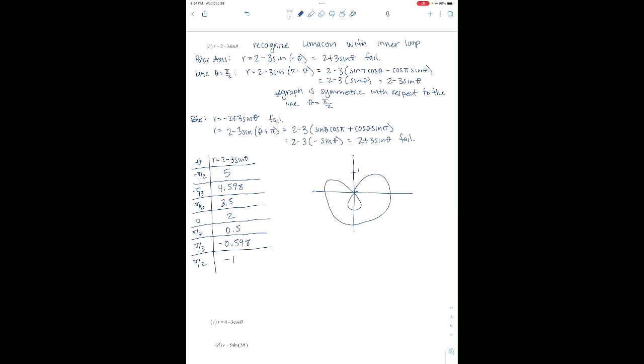Our highest looks like 1, it goes out, we hit it at 2, negative 2, our farthest out point should be a 3, negative 5 is down here, and so we should recognize this is without the inner loop.